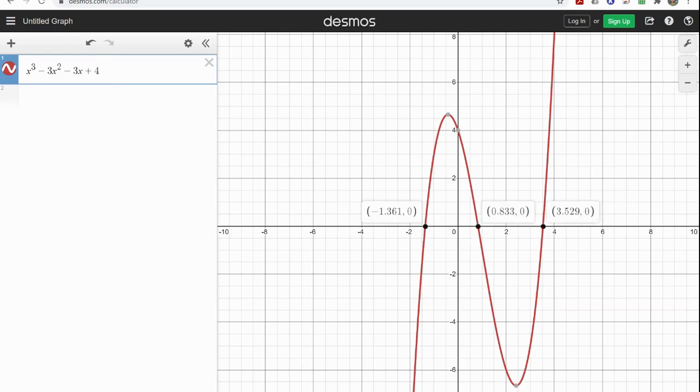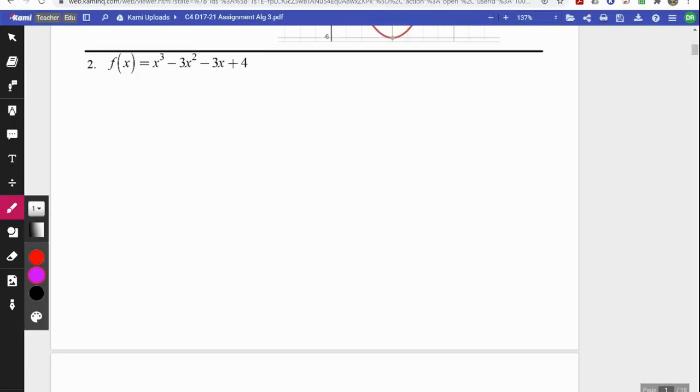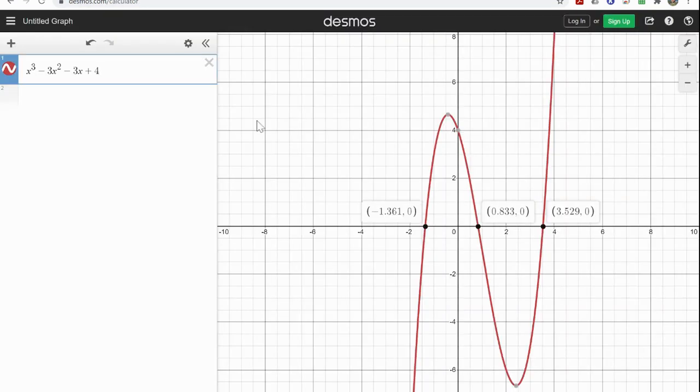And so the zeros are the x values of where the graph crosses the x-axis. So I can write that down. We're interested in x equals, we'll have 3 of these, but for sake of expediting this process, I'll just take a snip.